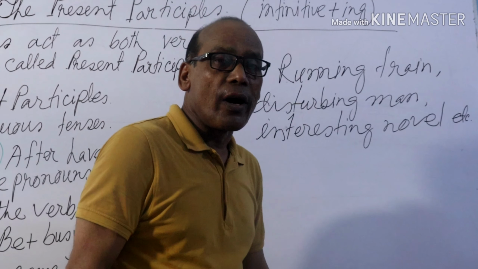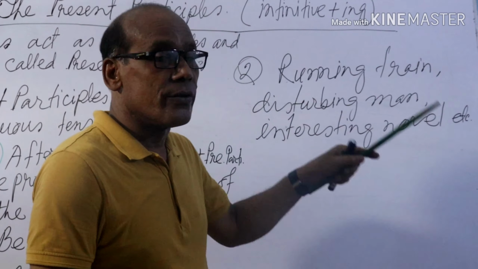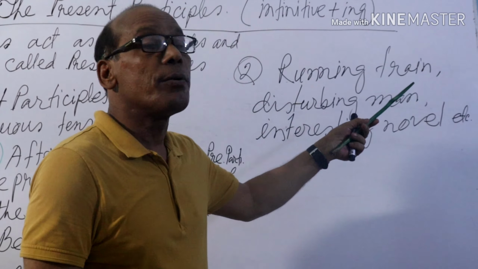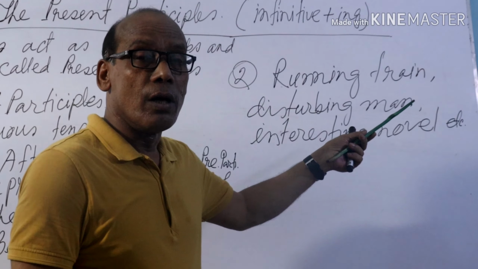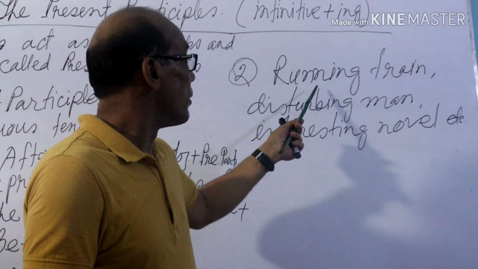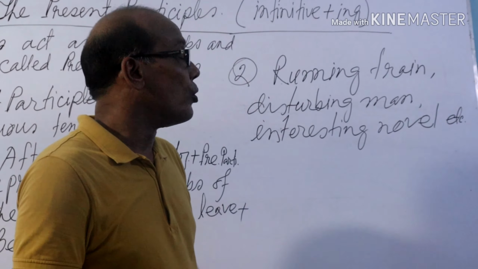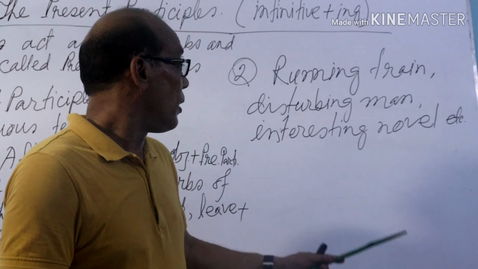So, do not get on a running train. What type of train? Running train. That means the train which is running now or going on now. Disturbing man: don't meet the disturbing man, he may disturb again.